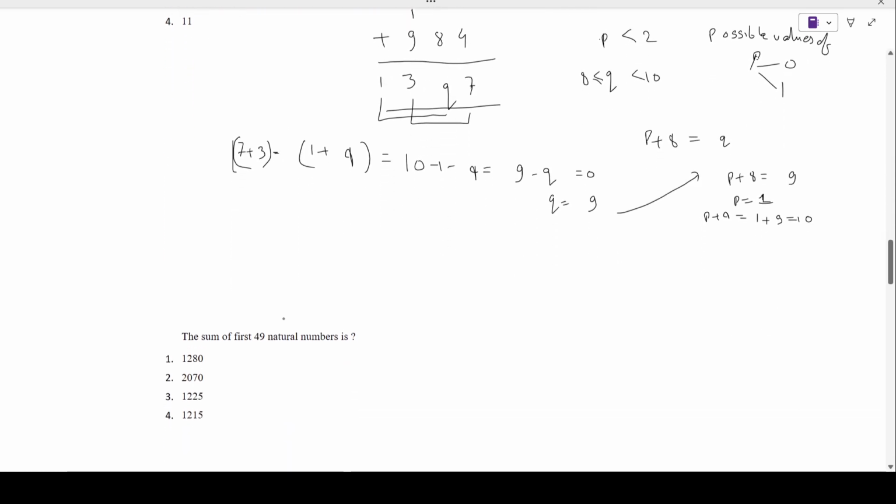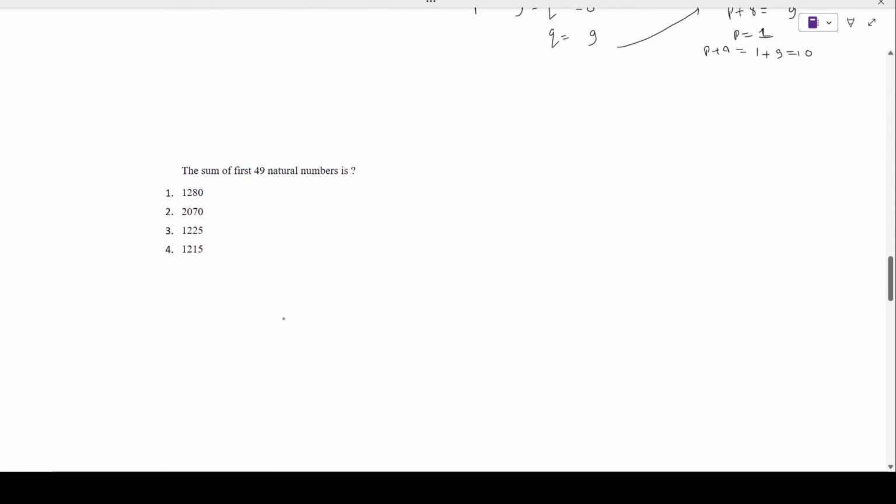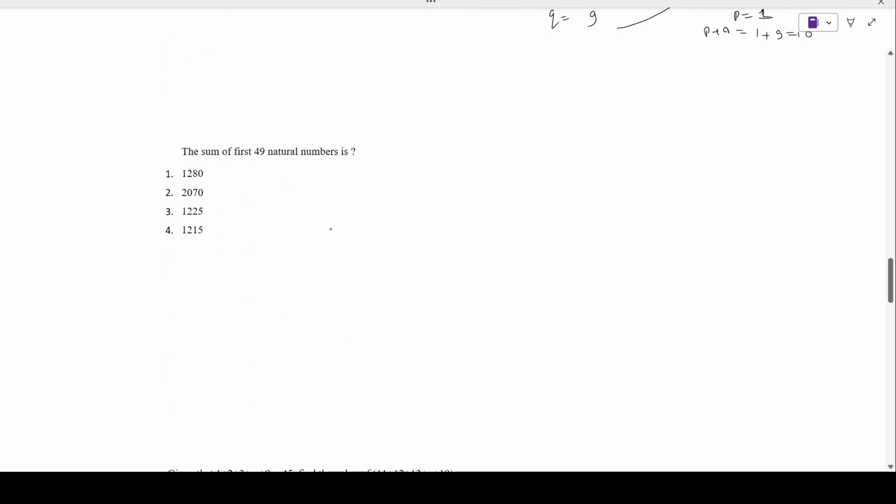Moving on to the next question. The sum of the first 49 natural numbers is, there is a formula for this. Sum of n natural numbers is equal to n by 2 into 1 plus n.